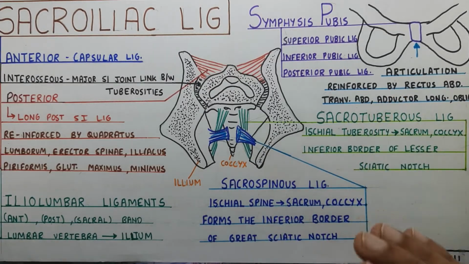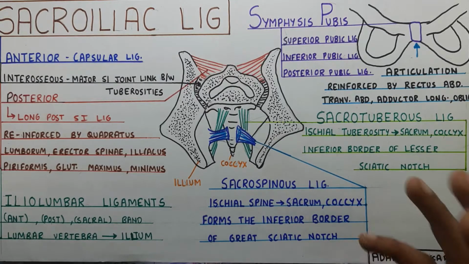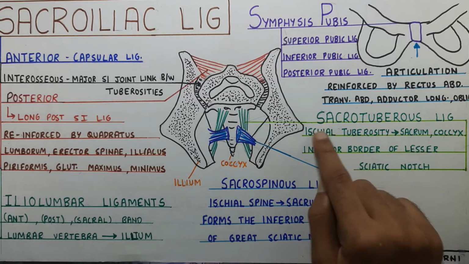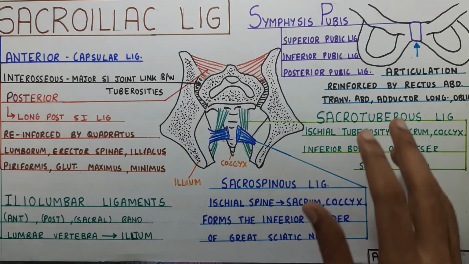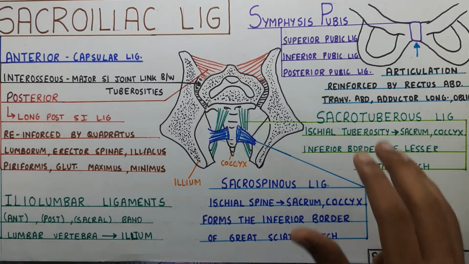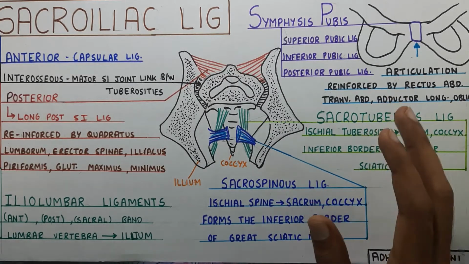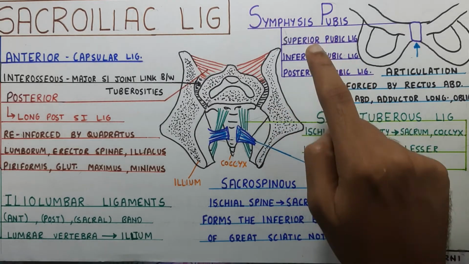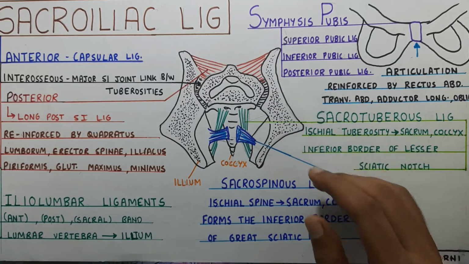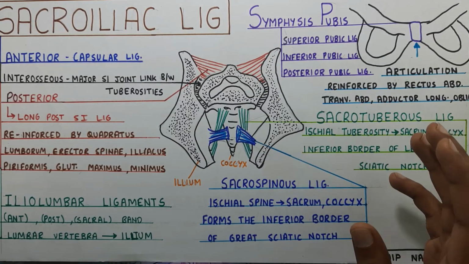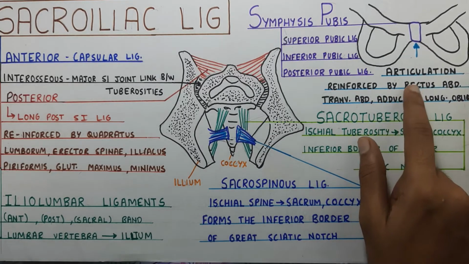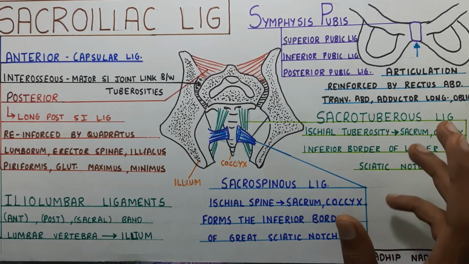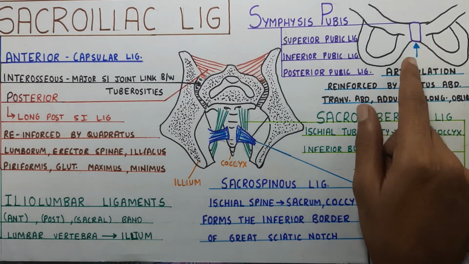Then moving ahead, we have connections between the sacrum and the ischial spine and also the ischial tuberosity, and these form the borders of the greater and lesser sciatic notch. Then the symphysis pubis has three main ligaments: the superior, inferior and posterior, and anteriorly the aponeurotic expansion of all the anterior muscles, that is rectus abdominis, transverse abdominis, adductor longus and the obliques. All these reinforce this joint, right?